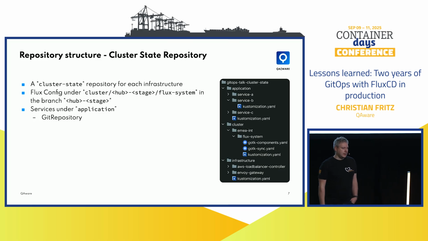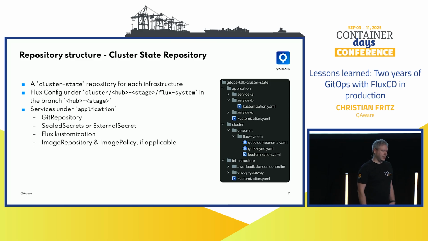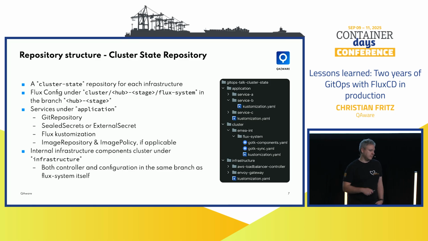There's the Git repository, some sealed secret or external secret to get the SSH key for accessing the Git repository, a Flux customization, and maybe image repository or image policy to update the services. And all internal infrastructure components are under infrastructure, for example, the AWS load balancer controller or the Envoy gateway to get ingress into our cluster.